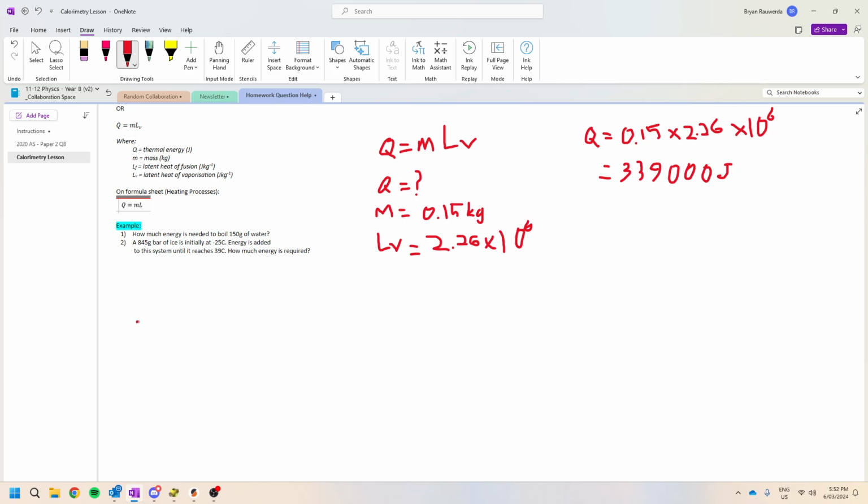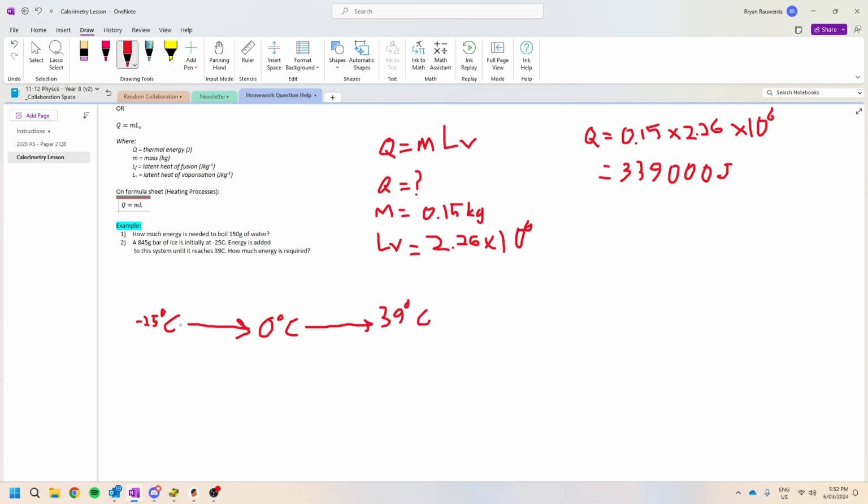Because we are going from negative 25 degrees Celsius, we get to 0 degrees Celsius without any phase change. Then we have a phase change at 0 degrees Celsius, and then from there we go to 39 degrees Celsius, again without a phase change.